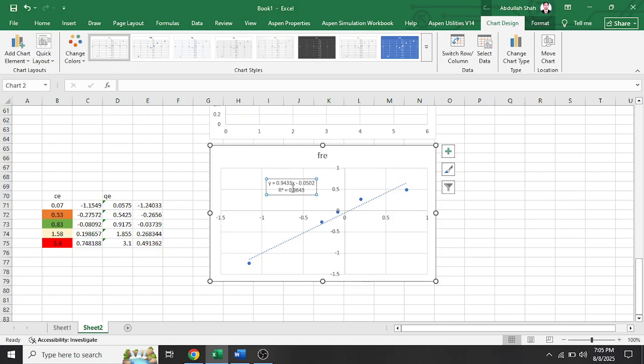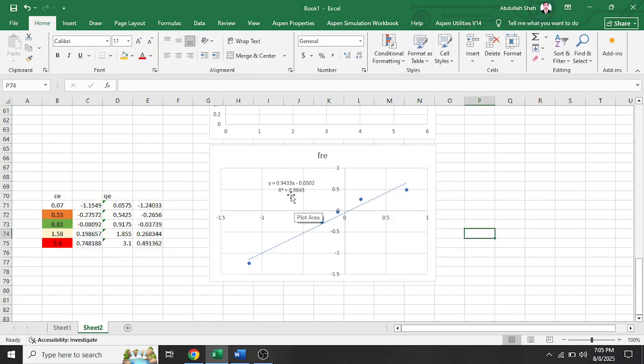So here you can see the R square value, the regression coefficient, is quite near to 1. So from these experiments we confirm that lead ion follows the Freundlich isotherm, because of its regression coefficient, which is quite near to 1.